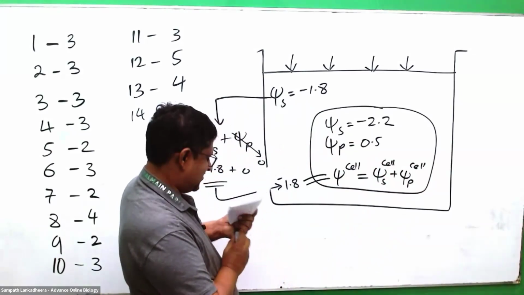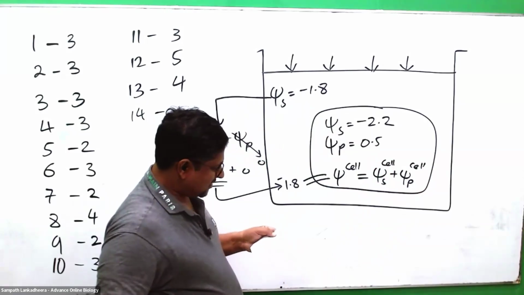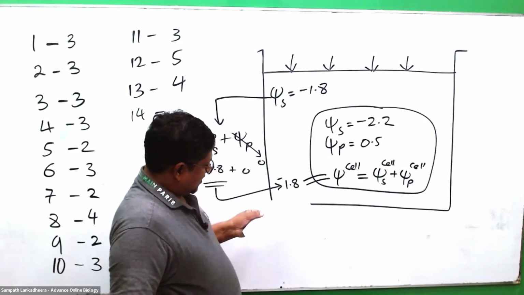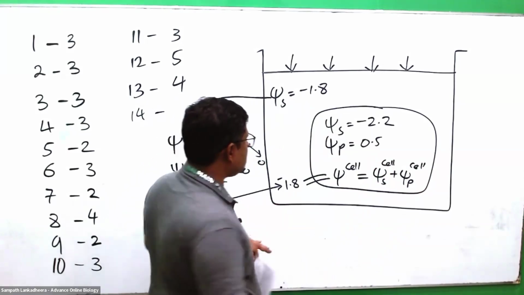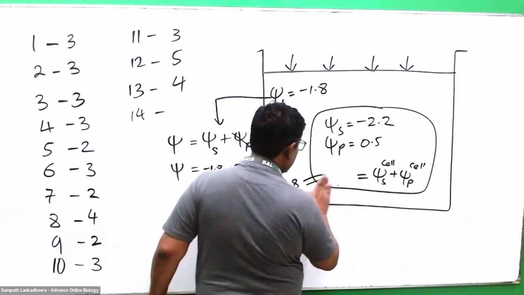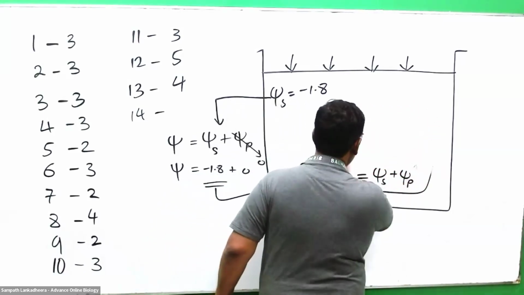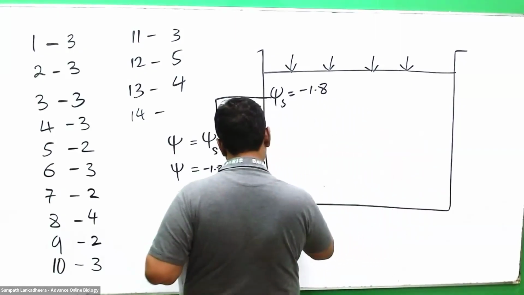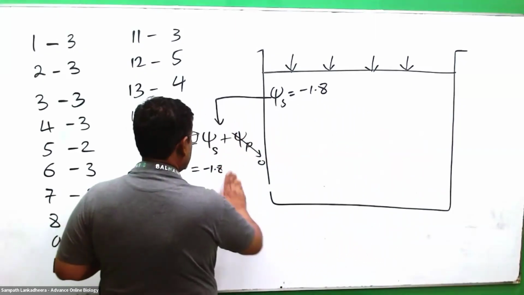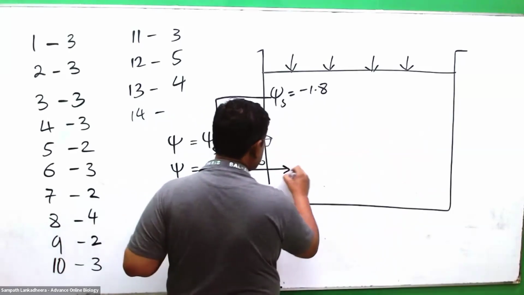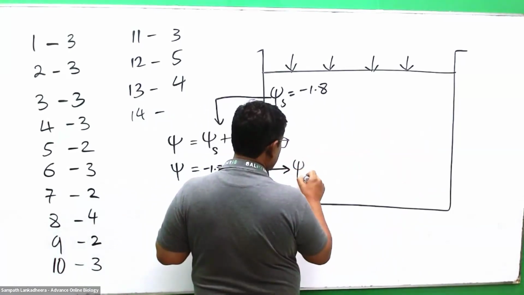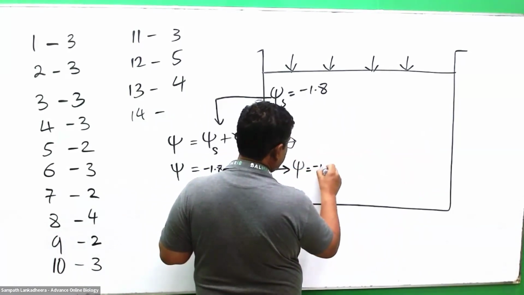What do they ask now? Okay, so the outer solution is this much. We learned that the water potential of the outer solution is minus 1.8.